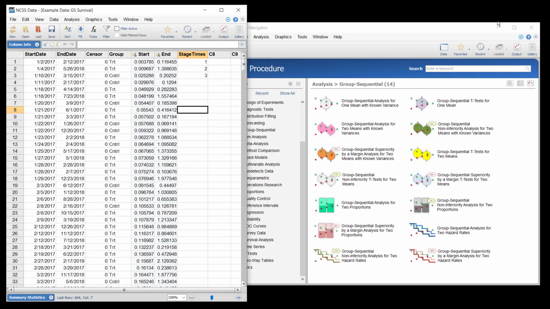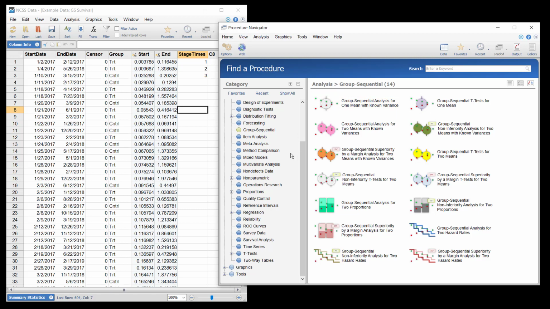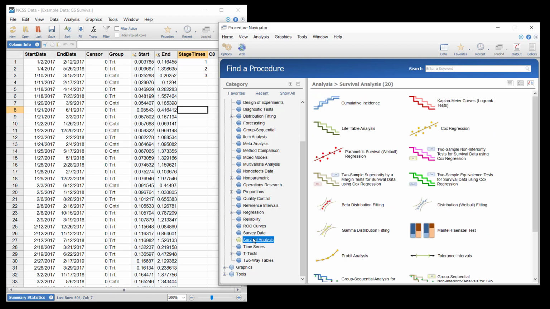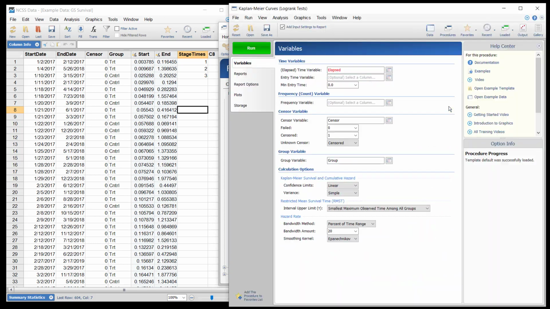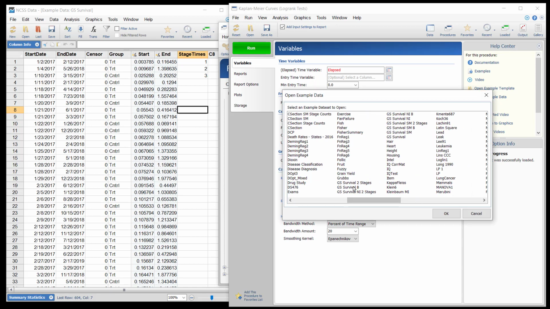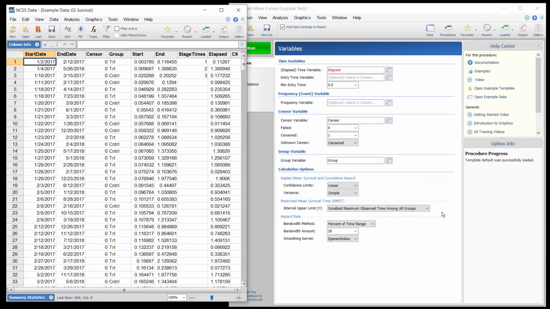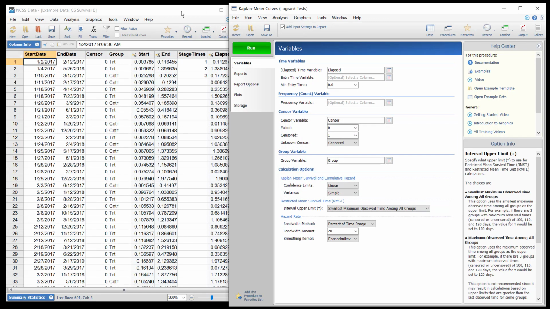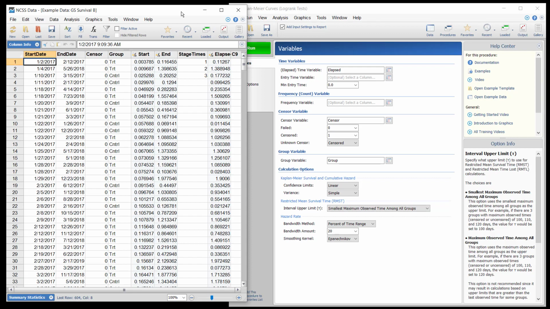In order to obtain a Kaplan-Meier survival curve plot, the data must be converted into a form that can be used in the Kaplan-Meier curves log rank tests procedure. To do this, rows with blank end time should be identified as censored.